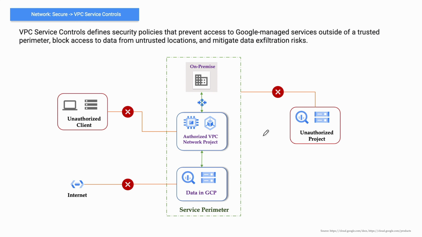You can extend the perimeter to on-premises network. And also you can control access to the Google Cloud resources.